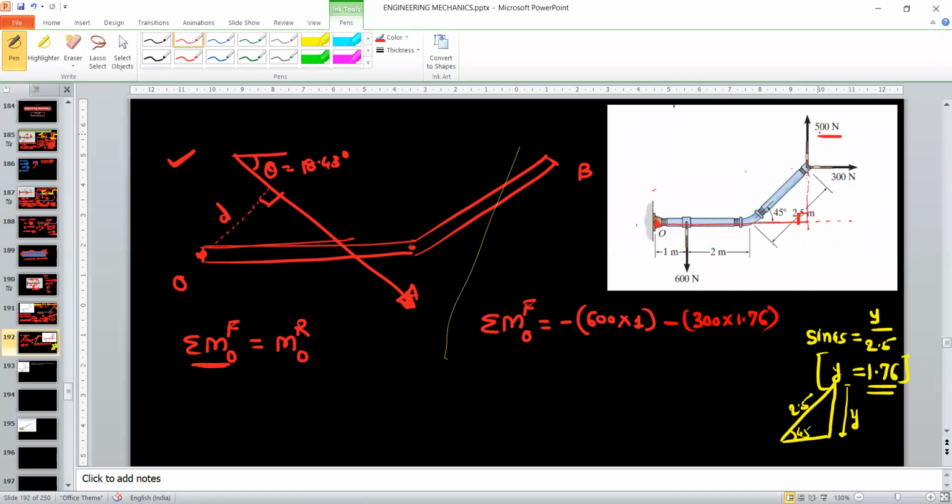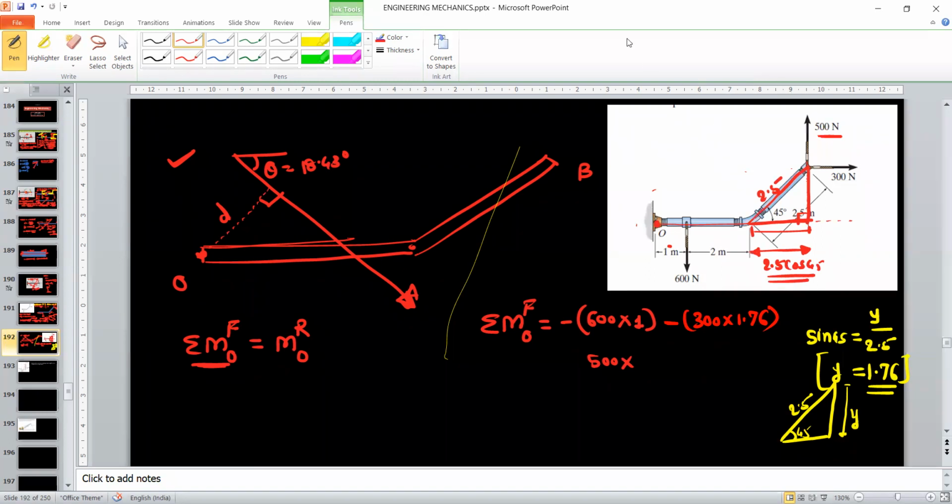So the moment will be force 500 into the perpendicular distance, which is 1 meter, 2 meter, plus this distance, which is not given directly. But how can we find out this distance? Again, observe this triangle. In this triangle, this is the adjacent side, this is 45 degree, and this is 2.5. So this side is equal to 2.5 cos 45.